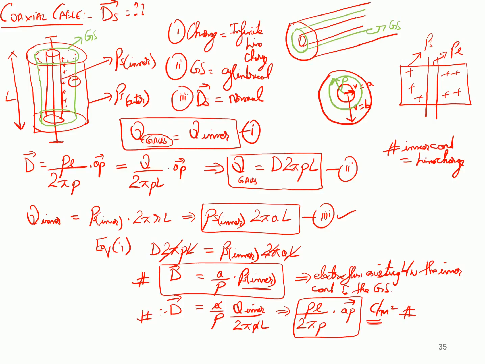So now that we have understood this, let us understand the relationship between the inner conductor and outer conductor. Till now, we have taken the inner conductor and we took the Gaussian surface. Let's say this is the Gaussian surface, or let me draw it with a different pen.